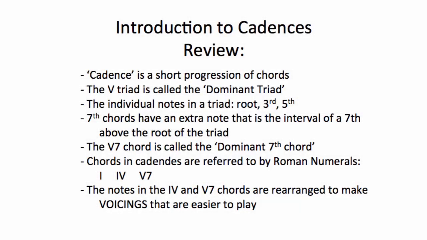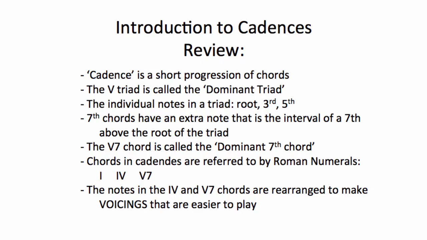In this tutorial, here is a review of the new concepts that were covered. Cadence is a short progression of chords. The 5 triad is called the dominant triad. The individual notes in a triad are the root, the 3rd, and the 5th. 7th chords have an extra note that is the interval of a 7th above the root of the triad.